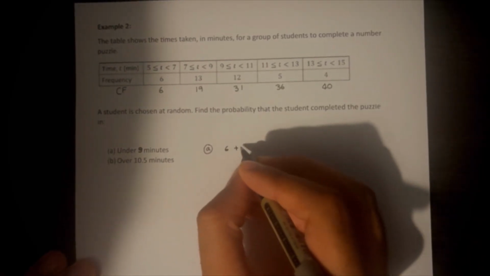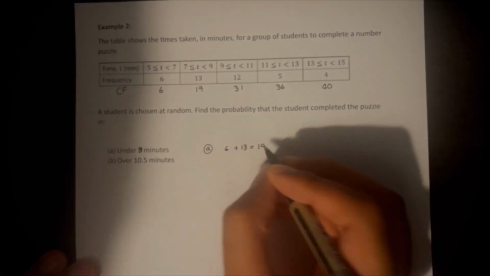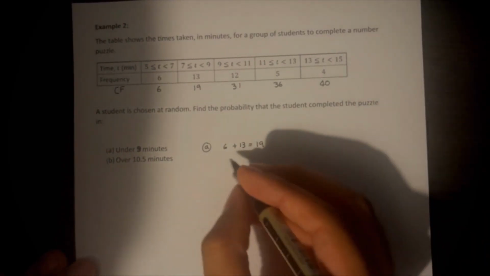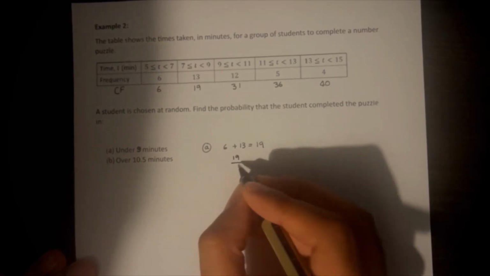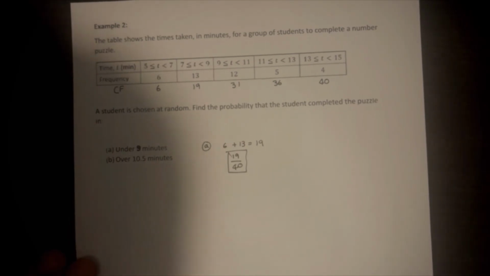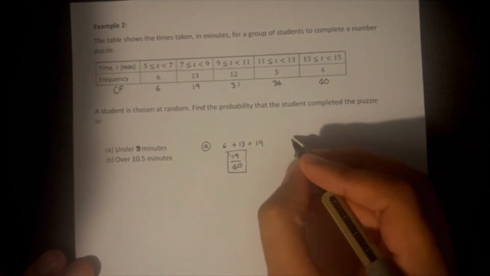So I've got 6 plus 13 is equal to 19. And of course, if there's 19 people and there were 40 in total, that is going to be 19 over 40. So our answer there is just going to be 19 over 40.